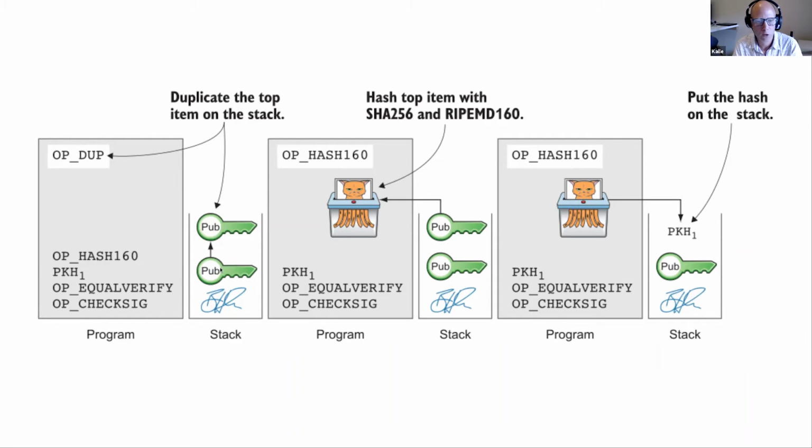So we have duplicated the top item, and the next thing in the program is an op hash 160 operator, and that's an operator to hash data, hash the top item with SHA-256 and RIPEMD-160, which is the same operation that you do to create a public key hash. So you hash this public key, the top public key here, and you put the result back. And this result happens to be a public key hash now, right?